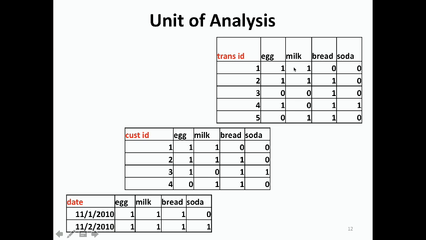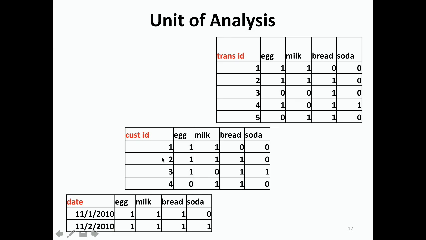For example, this transaction has these two items, the next one three items, then one, three, and then two. These are the input for association rule mining. And so you will consider the association, that buying eggs implies buying milk, based on their co-occurrence in a transaction.